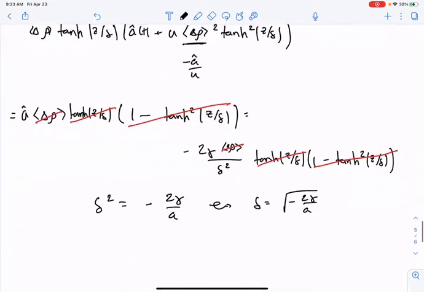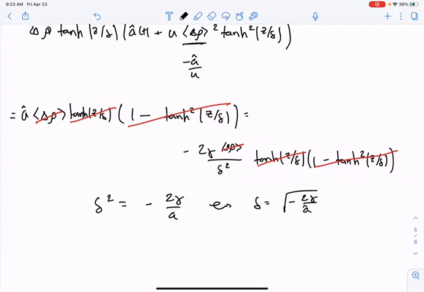And remember, A hat is negative in order to stabilize our liquid state, or the coexistence state. So indeed, we found that this hyperbolic tangent is what Landau theory would predict to be the interface between a liquid and its vapor.